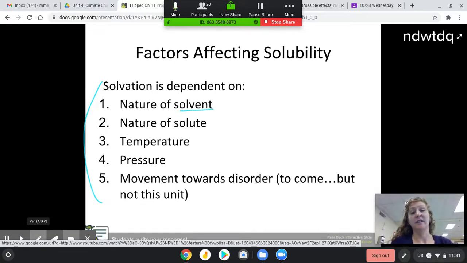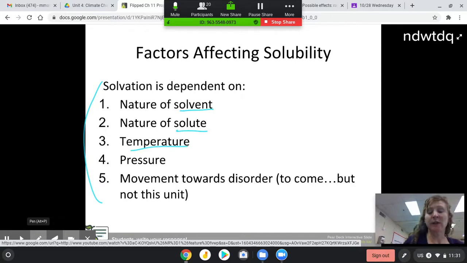Is the solvent hexane? Is the solvent oil? Is the solvent isopropyl alcohol? The nature of the solvent is going to have an impact. What's the solute? Is the solute copper 2 chloride? Is it sugar? Is it wax? That's going to have an effect on how soluble something is also.